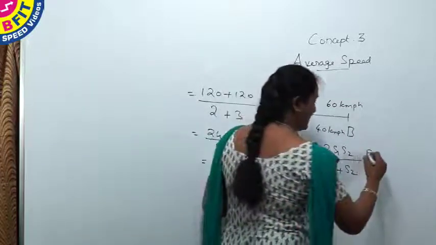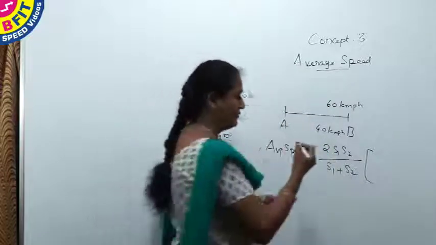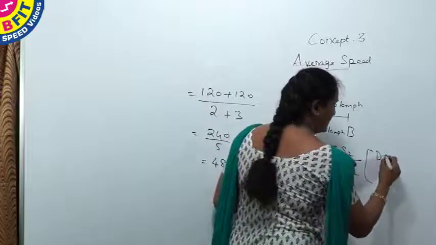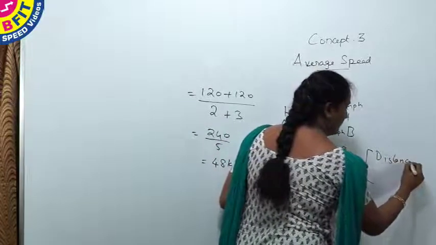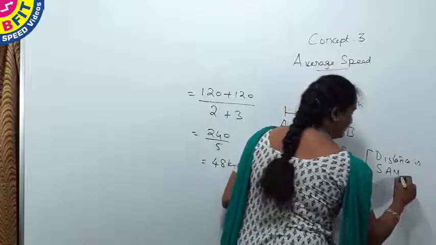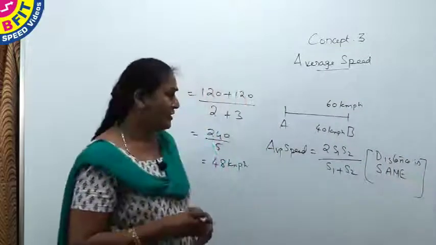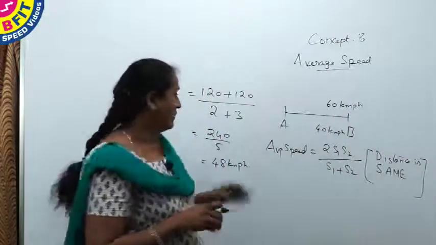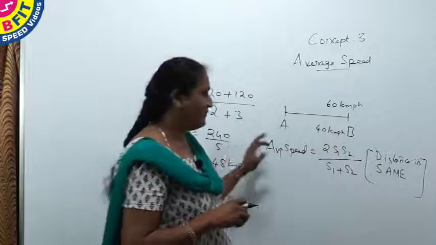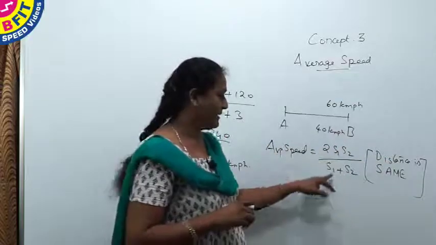So this average speed is calculated using 2s1 s2 by s1 plus s2 whenever the distance covered is same. So note that. You can find the average speed without doing all these calculations whenever the distance is same, by using 2s1 s2 by s1 plus s2.